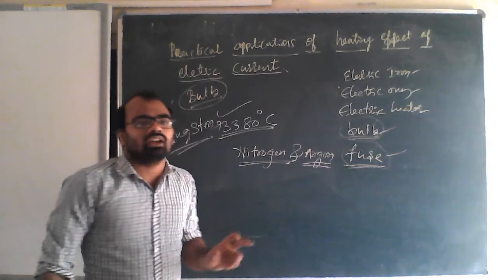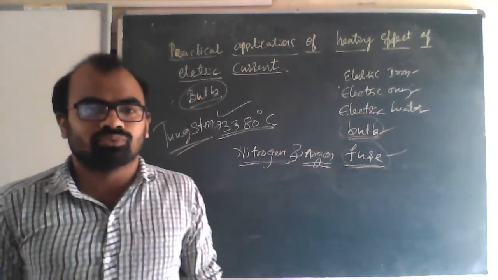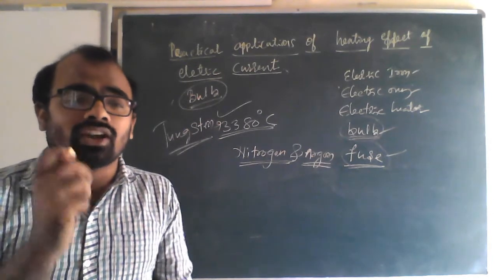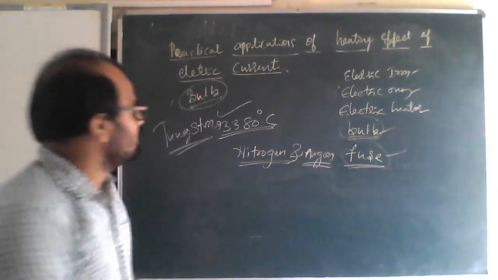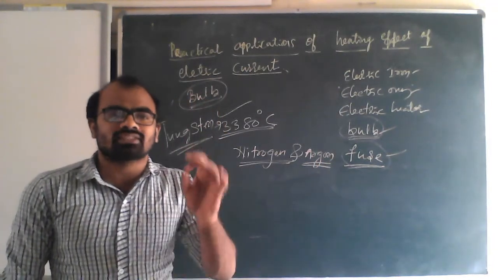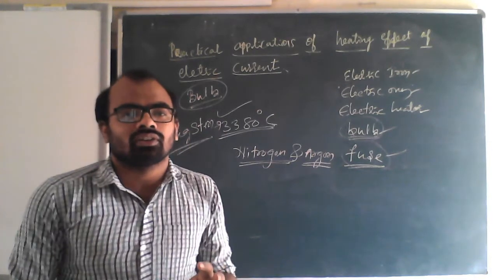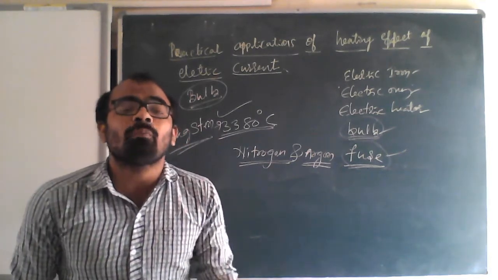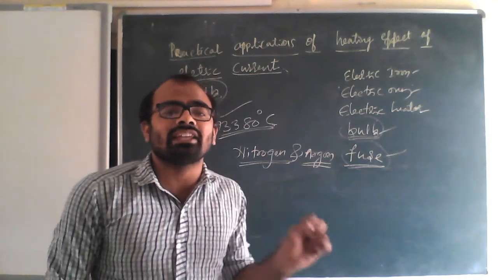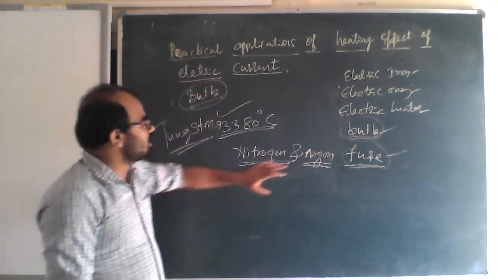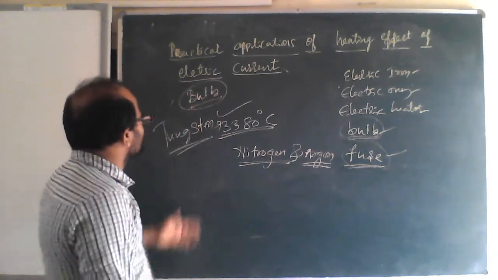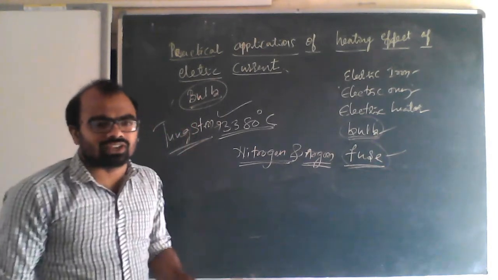These two are non-reactive. Mainly argon is filled. Why is argon preferably filled? Because it is a noble gas. Argon, krypton, xenon, radon, neon, these all are noble gases. These will not react with any material easily. So these two gases will not react with tungsten. Hence, tungsten will not convert to tungsten oxide.